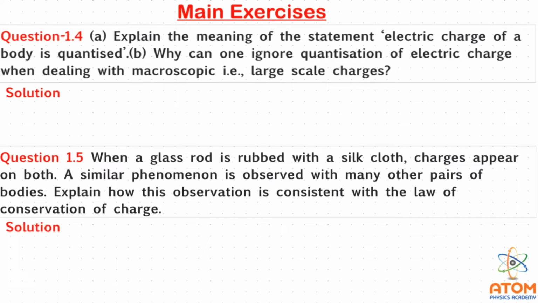Okay, let us see. Let me show you a figure here. Suppose this is a charged body, any sort of charged body, and let us say the charge is Q.